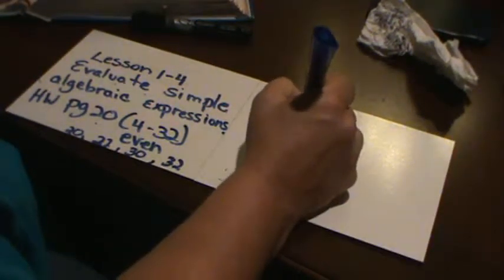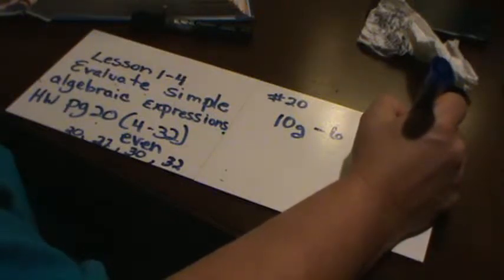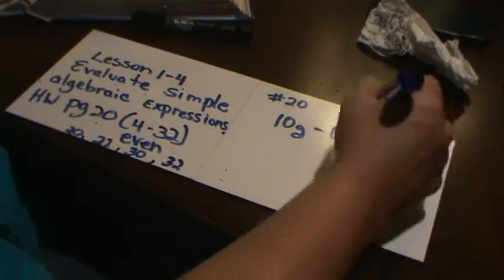Number 20, we have 10g minus 6. And up in the instructions it tells you d equals 8, e equals 3, f equals 4, and g equals 1.